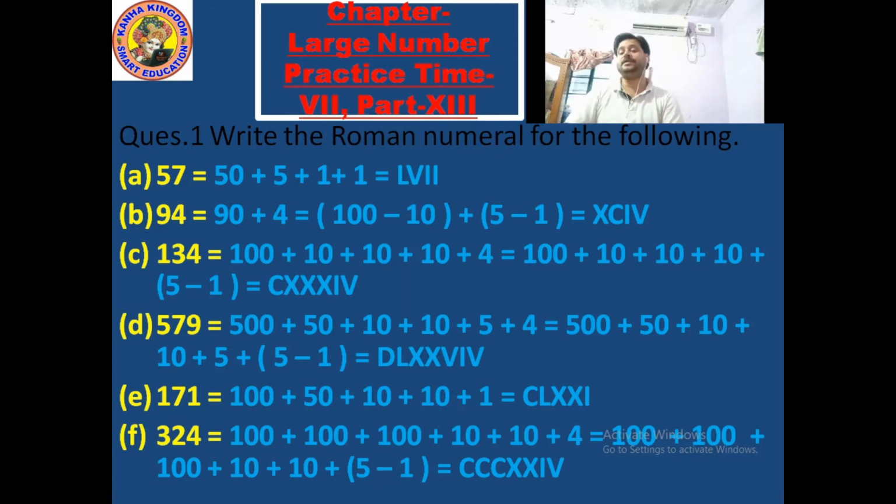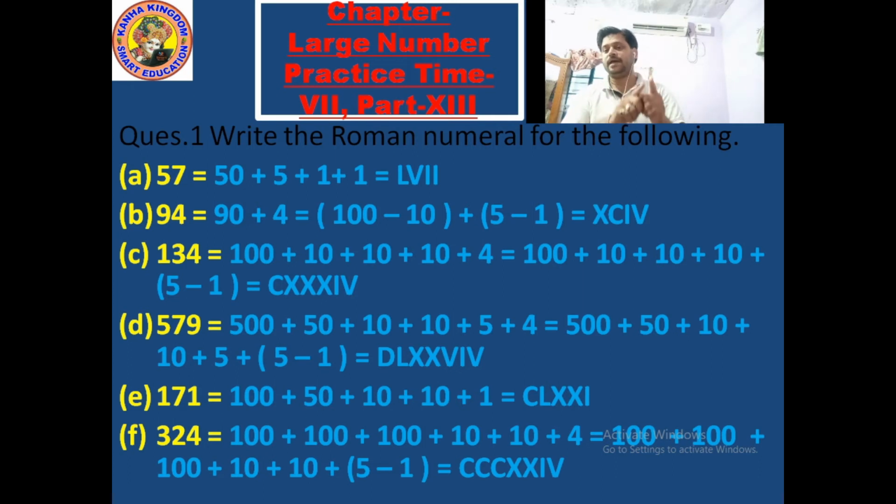So here is 90. How can we write 90? Very easy. How? Tell me. Yes. What you have to do? You just write down X first, then C. Why?